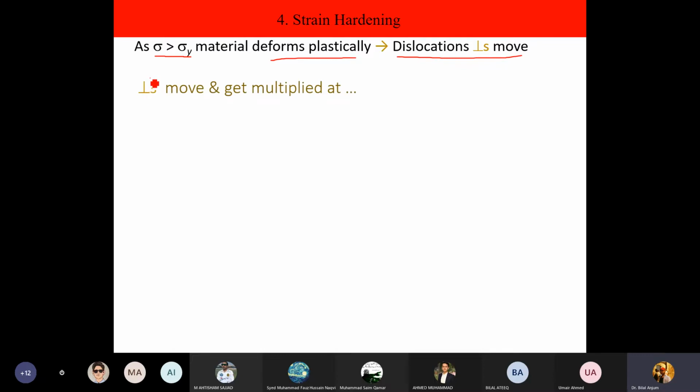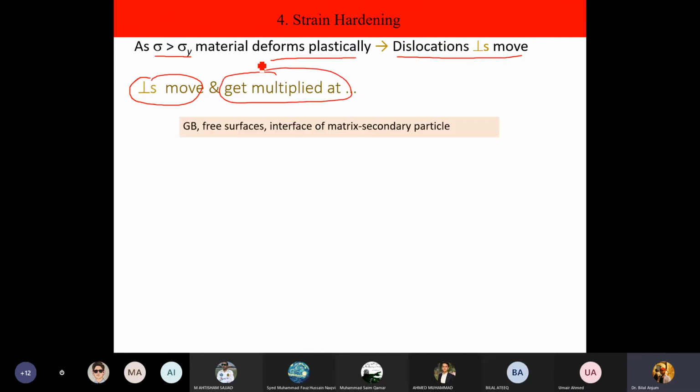After each plastic deformation, dislocations not only move, they get multiplied at grain boundaries, free surfaces, and the interface of the matrix and secondary particles. So with each successive deformation, as you take the sample beyond plastic deformation, dislocations are created and get multiplied at the grain boundaries, free surfaces, or the interface of matrix and secondary phase particles.